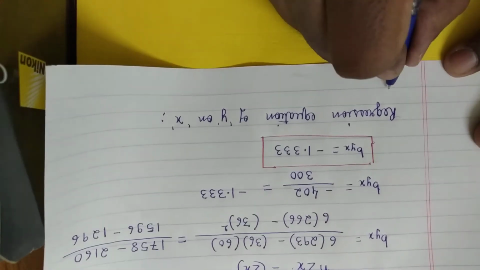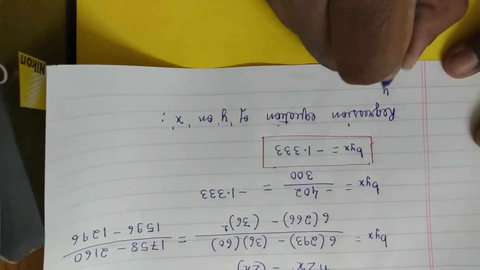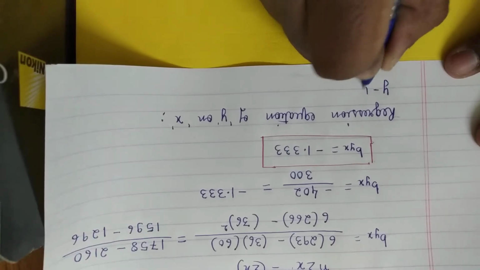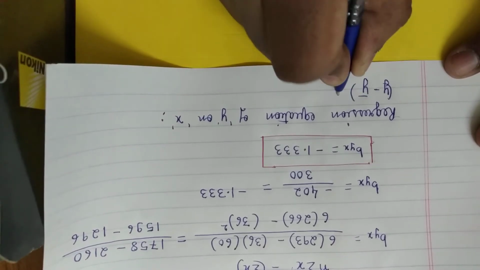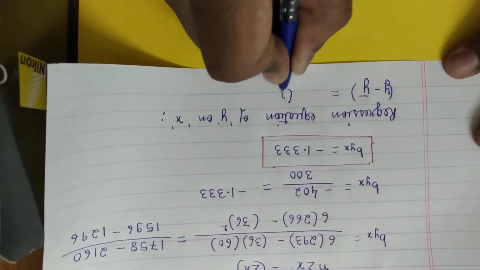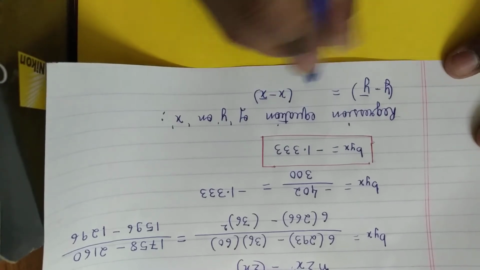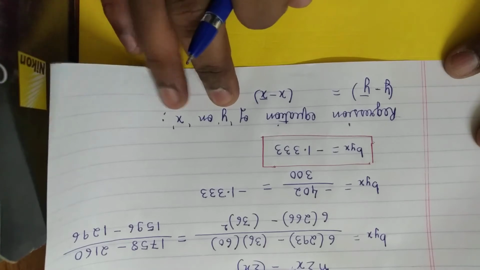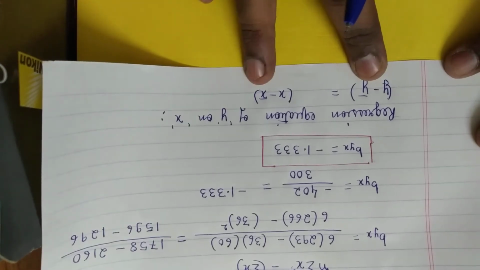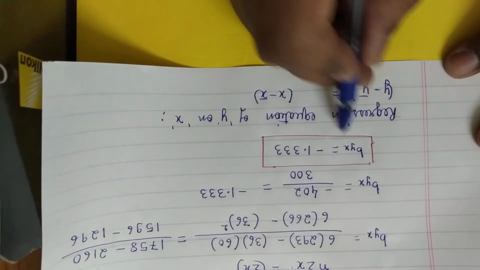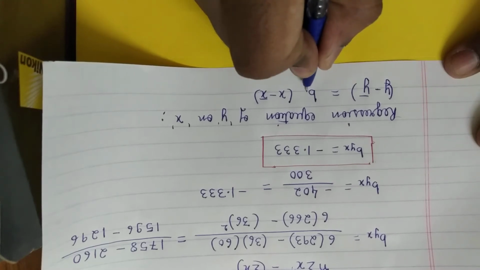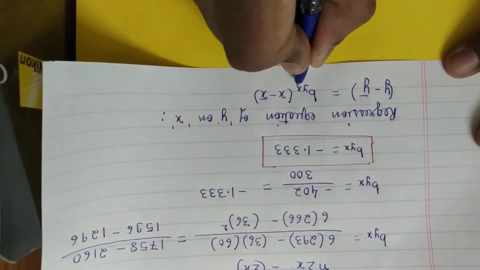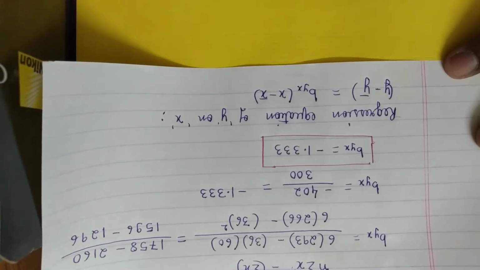It is nothing but y minus y bar equal to something multiplied by x minus x bar. So y terms first, x terms next. Y on x, y first, x next. What is this something? This something is nothing but byx. Here also y first, x next. So this is how you frame the formula.